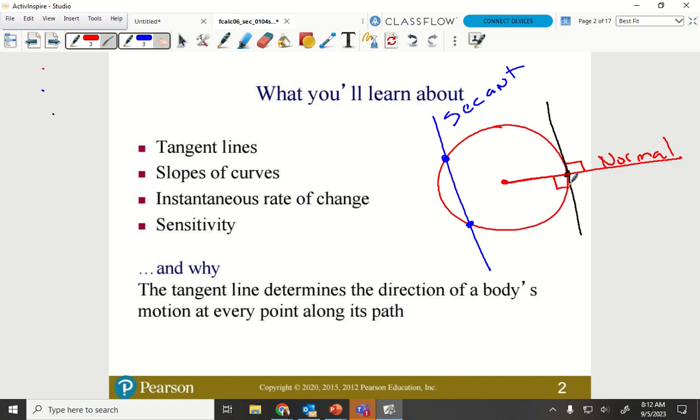So how do you think I would find the normal? It's related to the tangent, right? So if I could find the tangent, the slope is going to be perpendicular.